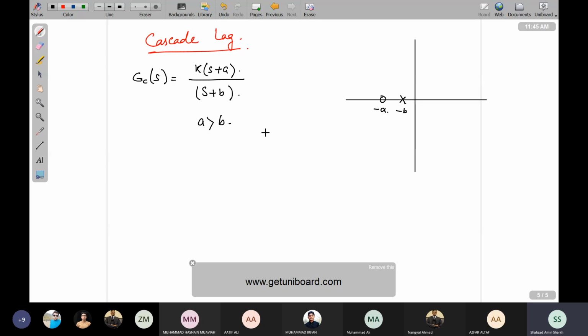So if we talk about the relative stability when compared with the uncompensated system, what will it be? Reduce or increase?